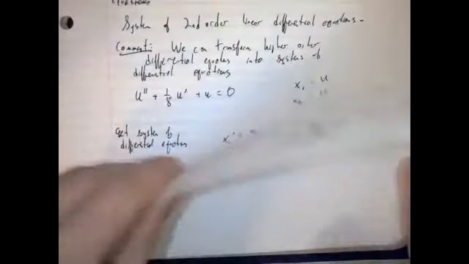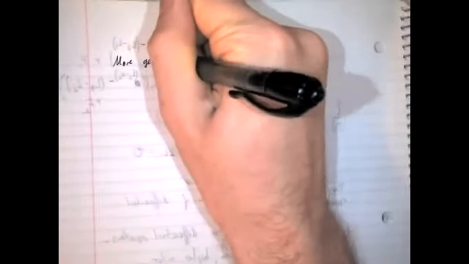So, and in particular, here's the following note. So more generally, we are going to write the following. So a system of first order differential equations is the following.